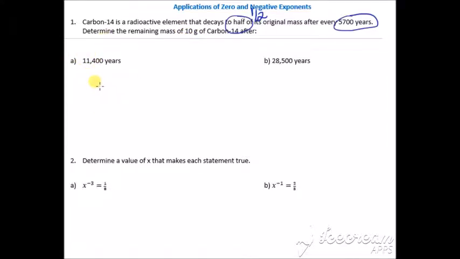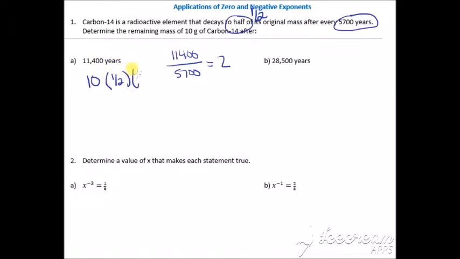So if you think about this, we have 10 grams. How many 5,700 year periods occur in 11,400? If we divide those, we actually get 2. So 2 half-lives occur in 11,400 years.